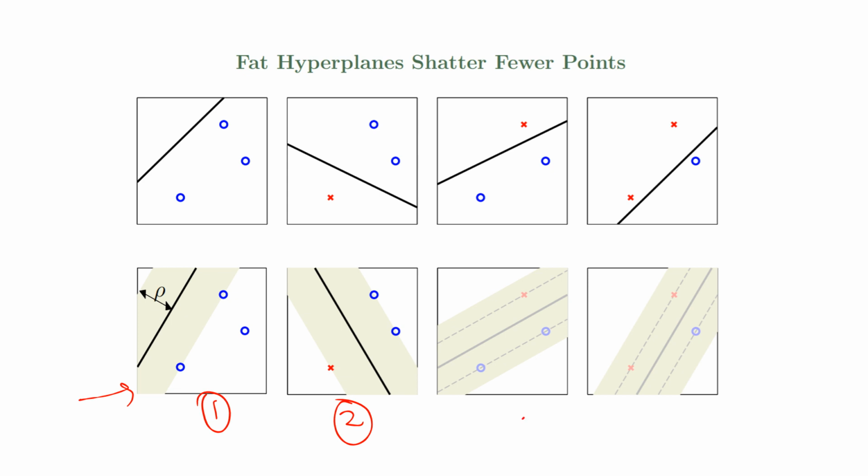But if you look at these two, the perceptron was definitely separating them, but these two cannot be separated by my fat hyperplane because I have this fixed thickness and I cannot do anything about it. So once I have a fat hyperplane, I just have it and I cannot do anything about it. That's why these data points, as you can see, lie within that thickness. And this is not what we wanted. From the definition of the separating hyperplane and the optimal hyperplane, we want this to separate the data and not include the data.